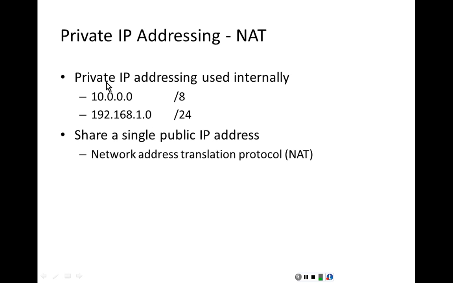And all of these computers using a private IP address within the organization are sharing a single public IP address, and it is the network address translation protocol on the router that allows many computers to share a single public IP address.